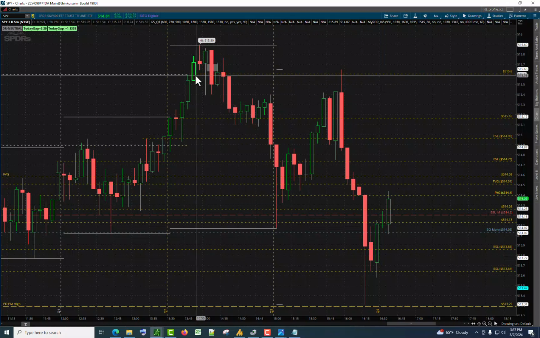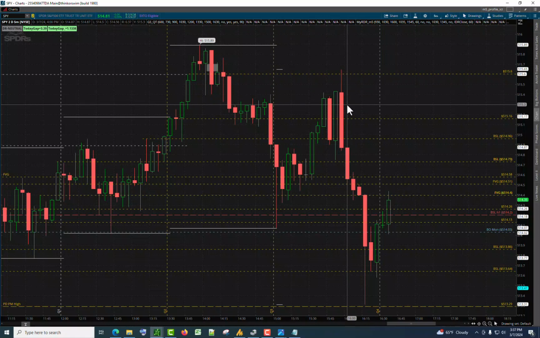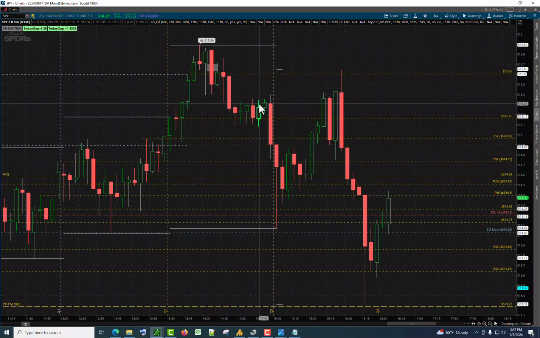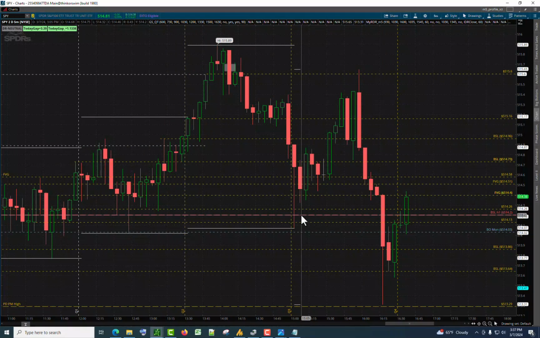If we use that level, we can short again at that level. But it's too late into the game, 15:55. So it's about 5 minutes before close. We see that setup, but we don't do that. We didn't take it.